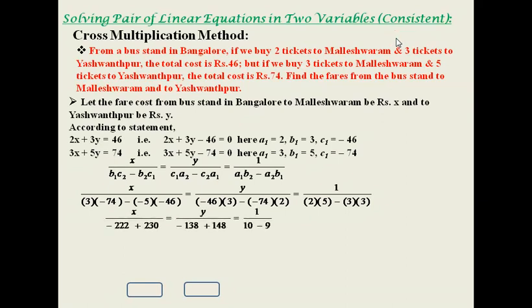By simplification, x by minus 222 plus 230 is equal to y by minus 138 plus 148 is equal to 1 by 10 minus 9.